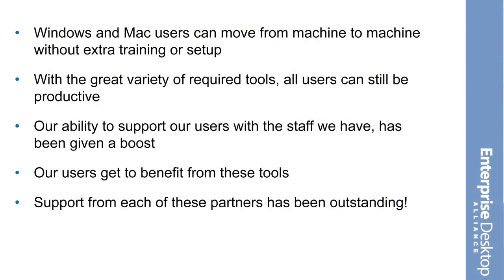So how does this look for us when it's all put together? It's based on the ability to have our file server be consistent. All of our Windows and Mac users can move all over the place, and they have a system that they know they can relate to, and it's the same no matter what kind of platform they may be on. Based on whatever hardware they might be using, they still have consistent tools. So those old tools or the hospital tools can still run on a Mac.